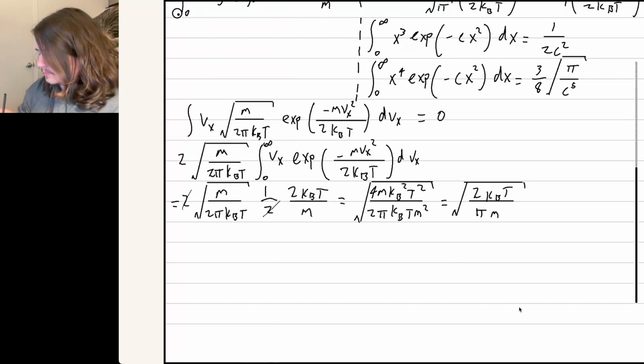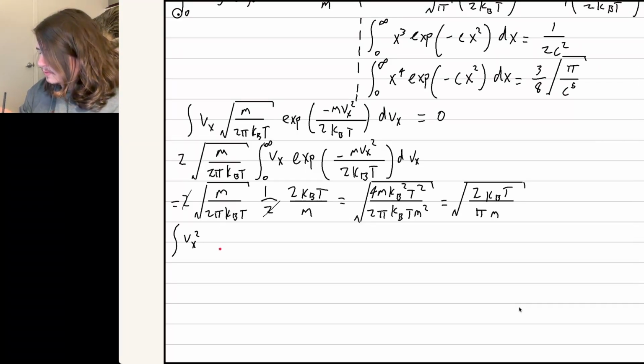Alright. Next one. We're doing vx squared now, over all space times g v of x. So again, I'm going to go ahead and put the radical outside.